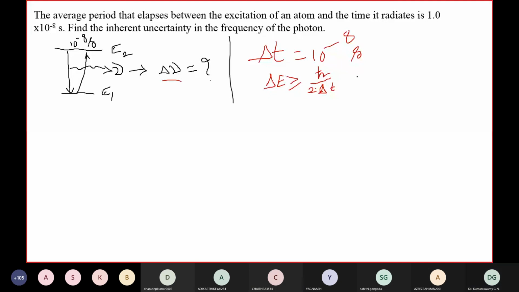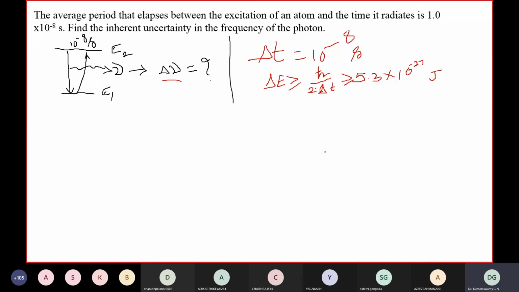How much do we get? This is greater than or equal to 5.3 into 10 to the power of minus 27 joules.